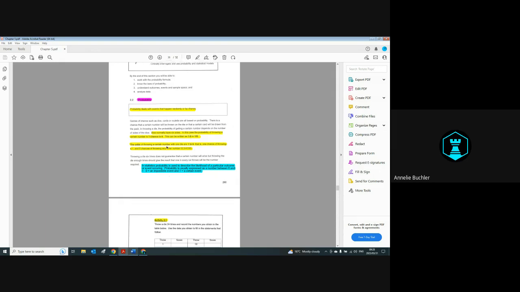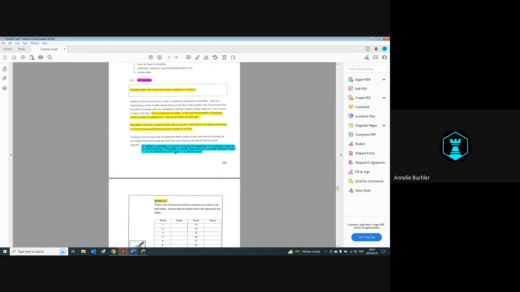The odds of throwing a certain number with 1 dice are 1 to 5, because that is 1 chance of throwing a 1 and 5 chances of throwing any other number. So I hope this makes sense. It's quite logical. So you have 1 chance of throwing a 1 and 5 chances of throwing any other number because there's 6 sides, okay?